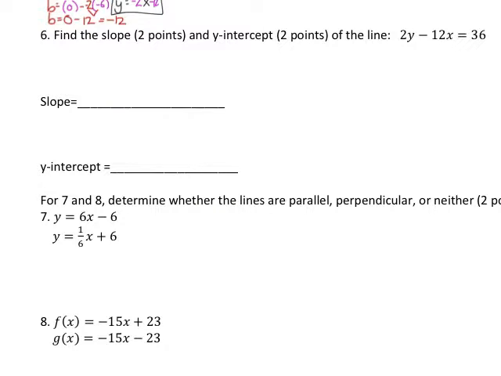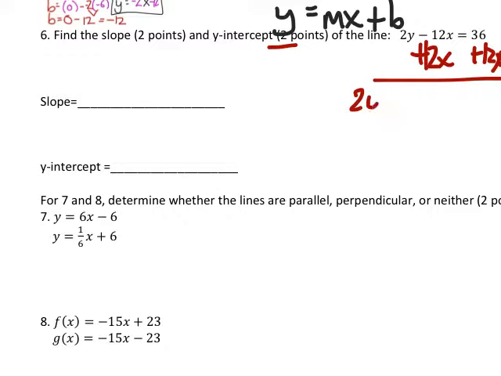Alright, 6. Find the slope and y-intercept of the line to y minus 12x equals 36. Pretty much all this is telling us to do is write this in slope-intercept form. So I need it to be in this form, y equals mx plus b, which right now it's more like standard form. So I need to get the y on its own side of the equal sign, so I've got to add this 12x to both sides.